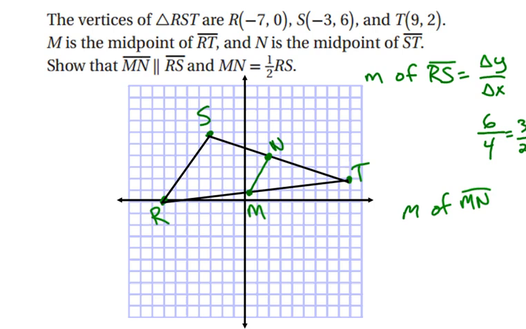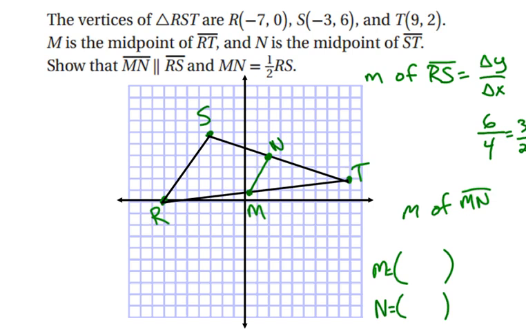So we need to know the coordinates of M and the coordinates of N. So you should be able to figure that out, work through it. Again, it's just the midpoint formula. If you don't remember that for some reason, shame on you, but you can very quickly and easily go back and look that up. But that's kind of how you would work through that.